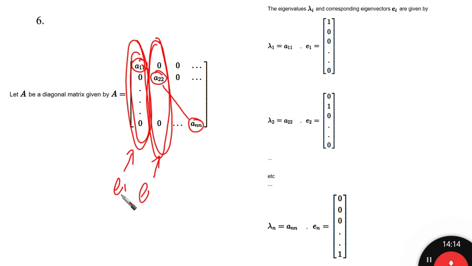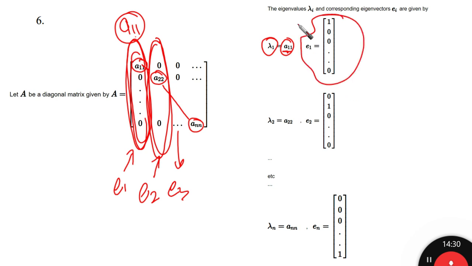So this is E1, this is E2, and this is going to be E3, and so on. Each eigenvector corresponds to its eigenvalue. So lambda 1 equals A11, and the corresponding eigenvector is going to be E1, and so on and so forth with the other ones. So these are very good and important properties for the diagonalization, or for a diagonal matrix.